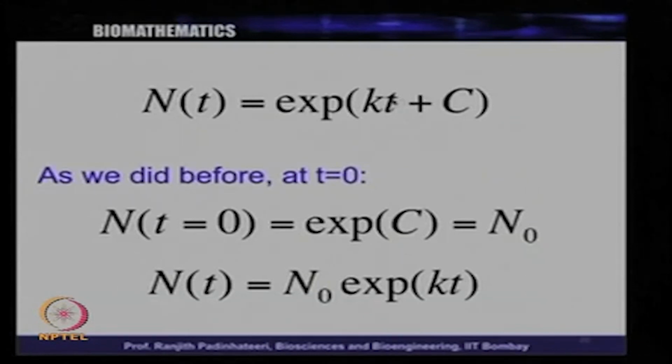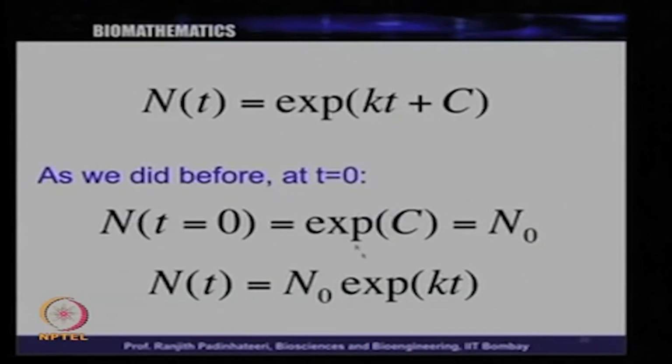For given values of t, k and c, you have n. Now, as before, when t is equal to 0, n of 0, that is n 0, is equal to e power c, because kt becomes 0 when t is 0. So, e power c is equal to n 0.